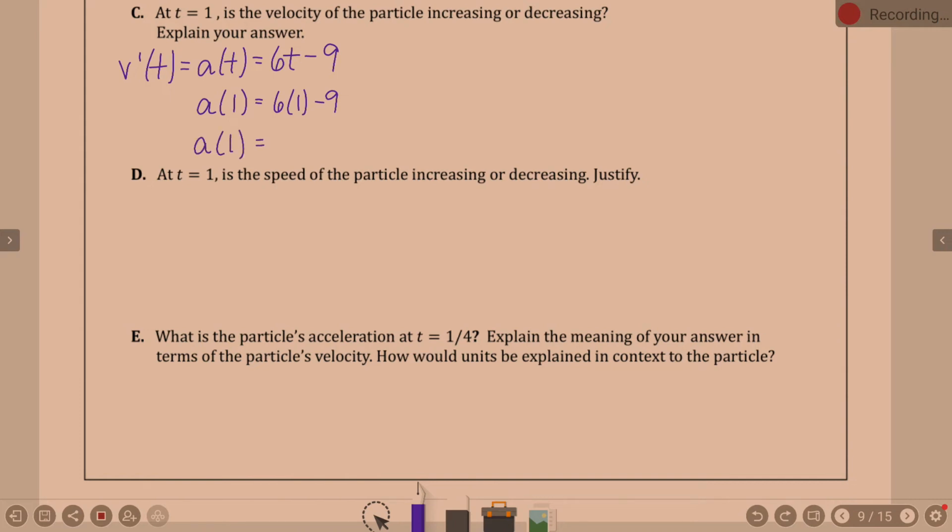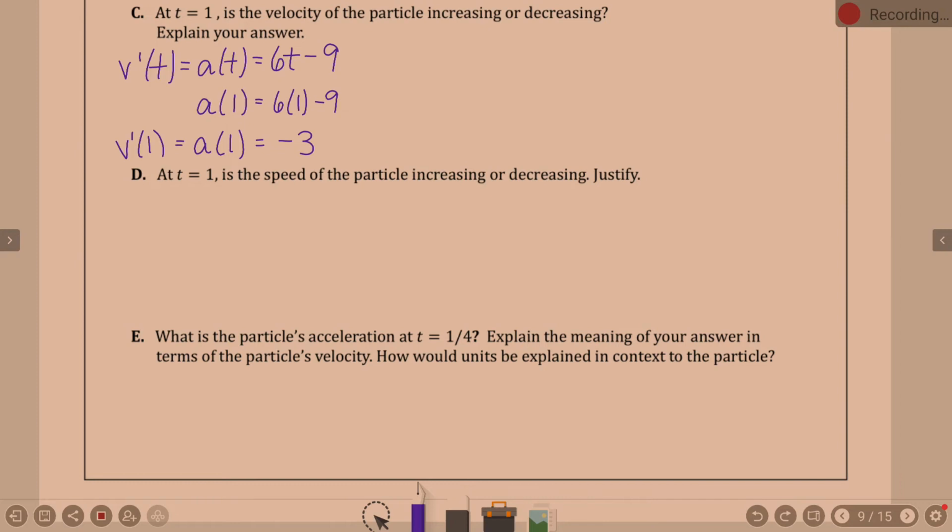So that acceleration is negative 3, which is the derivative of the velocity, right? So when we talk about something increasing or decreasing, we're looking at the slope of it, right? So that's why we're looking at acceleration, because slope of velocity is acceleration.